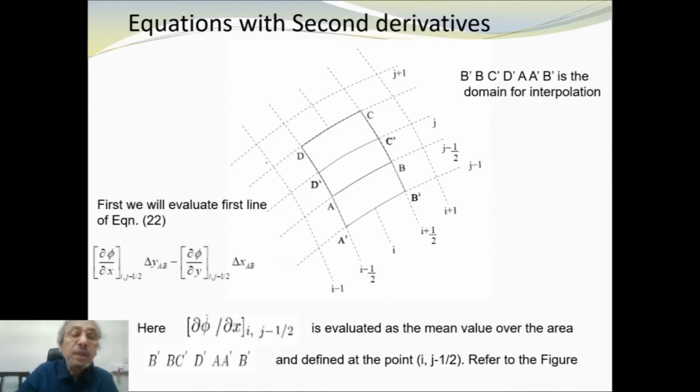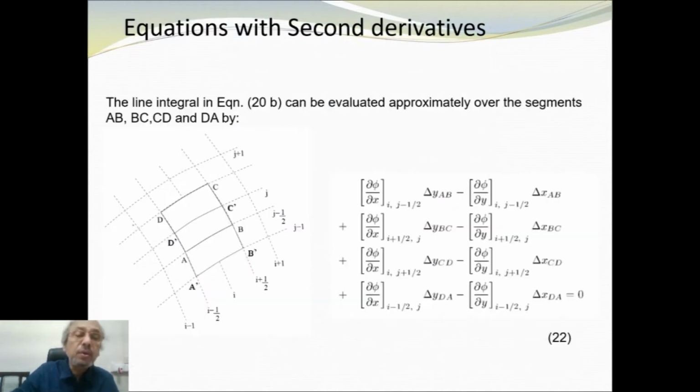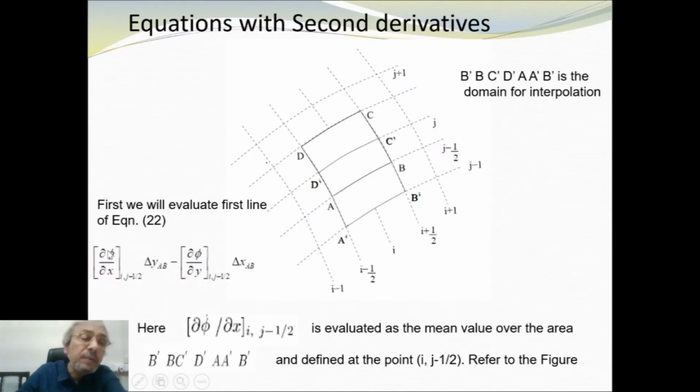So first we evaluate the first line of equation 22, which is given by del phi del x at i, j minus half into delta y minus del phi del y at i, j minus half into delta x. At this point we have to find the gradients del phi del x and del phi del y.